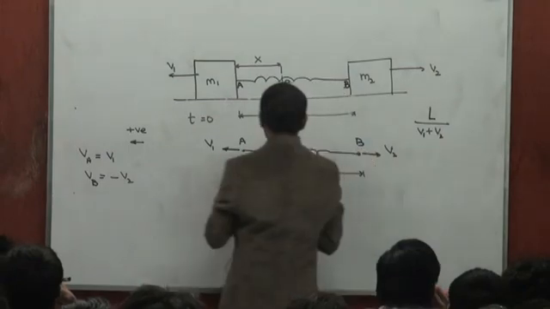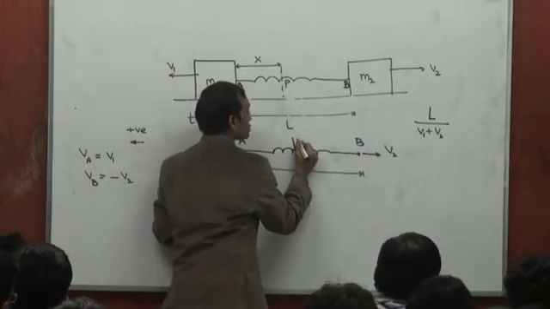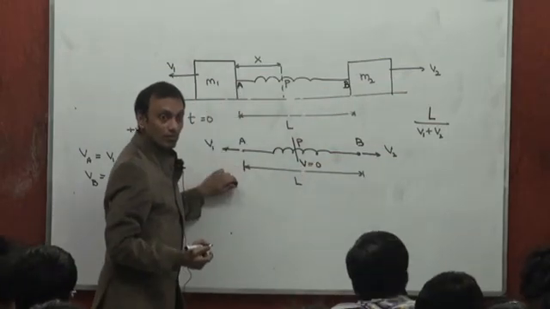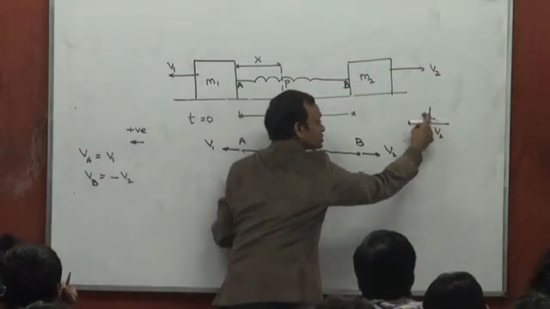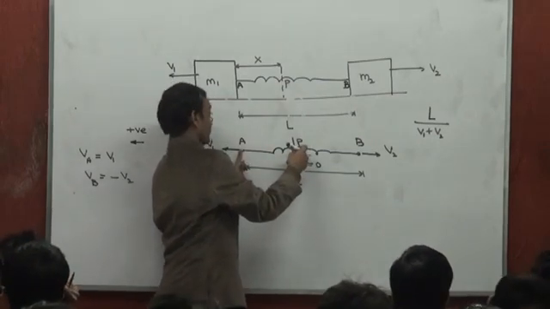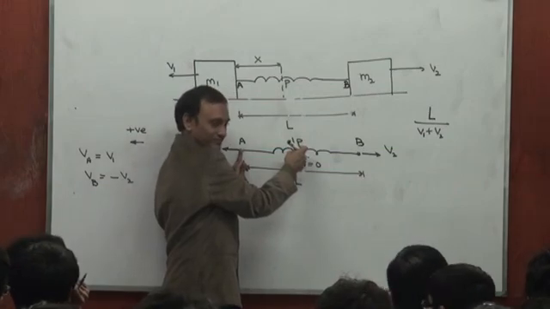Now, what we want is velocity at A is V1, velocity at P is 0. So this is the distance for this much change in velocity. What's the distance for change in velocity V1? From A to P, what's the change in velocity? V1.